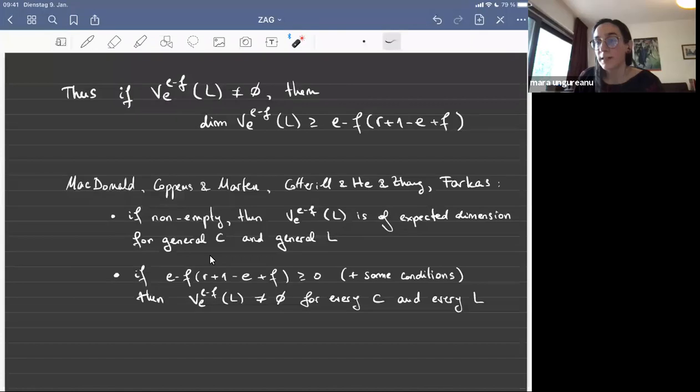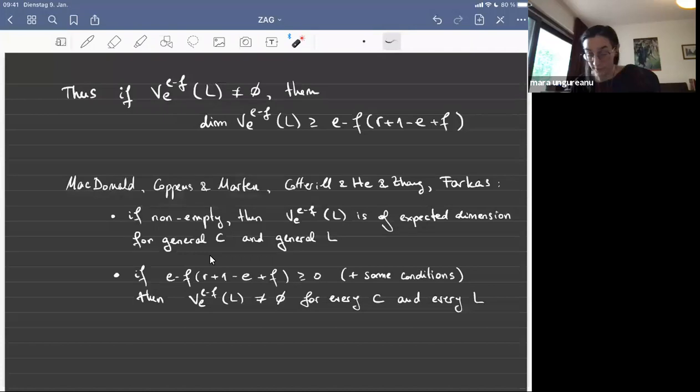But it is unfortunately sometimes a bit hard to tell just using the formula, when this guy is greater or equal to 0, if actually the space is non-empty, because the formula doesn't have the nice positivity properties that you need. So then you need to work a little bit harder, for example, to know if when this guy is equal to 0, this is really a finite discrete set, and so on and so forth.